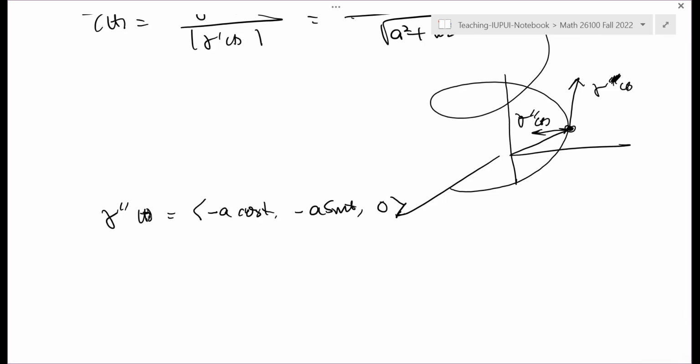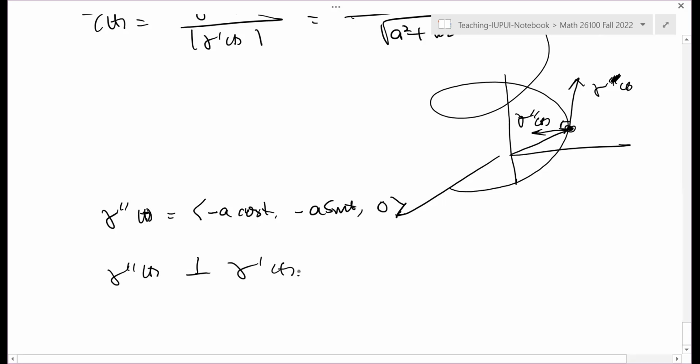Now it's clearly perpendicular to each other, and we can prove that as long as the tangent vector is constant length, the second derivative must be perpendicular to the first derivative.